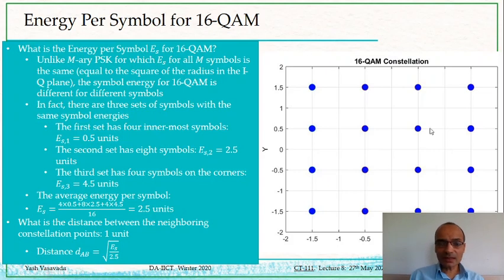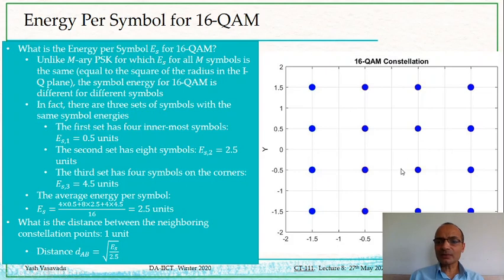Whereas for 16 QAM, you will need to be a little more careful in calculating the energy per symbol. Actually, what you will see is that there are actually 3 types of symbols.